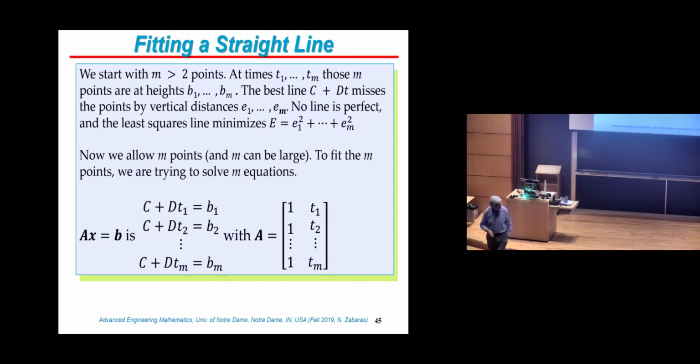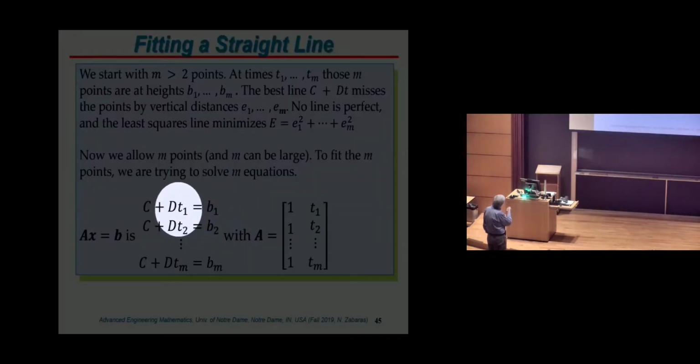You have to fit a straight line, and I give you some data. For example, let's say that t is time, and at time t1, I observe the quantity of interest b1. At time t2, I observe a quantity of interest b2. At tm, I have bm.